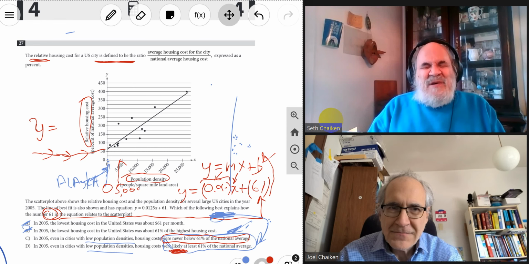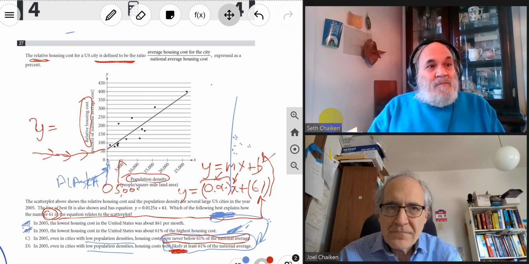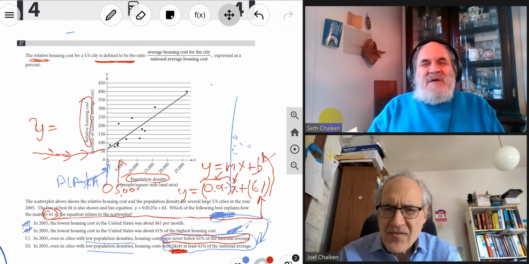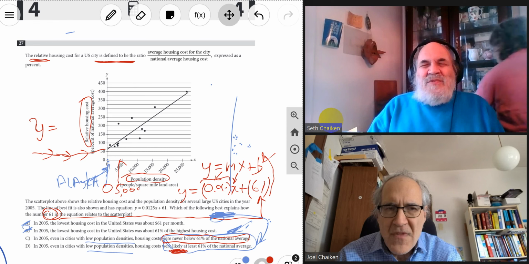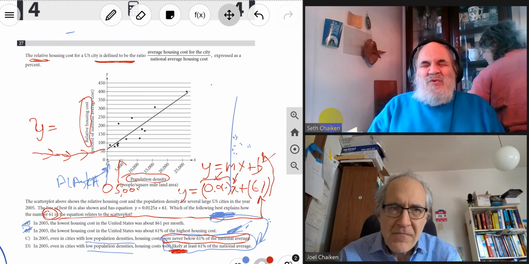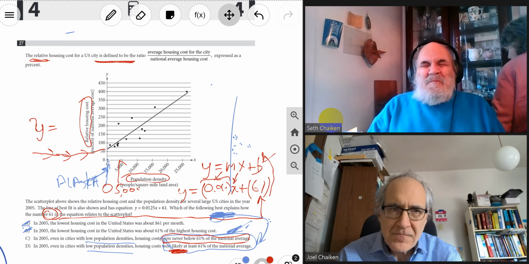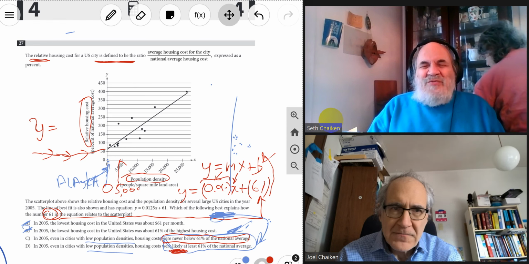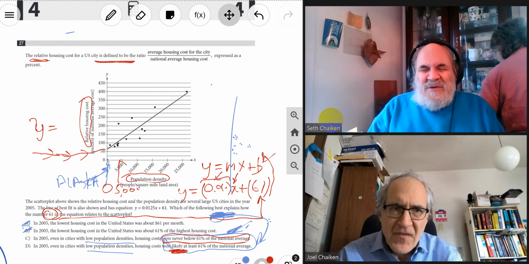Is that this is a scatter plot for some of the cities in the United States, and so it's possible that there are outliers. There are some other cities that they didn't plot whose housing costs are below 61% of the average.